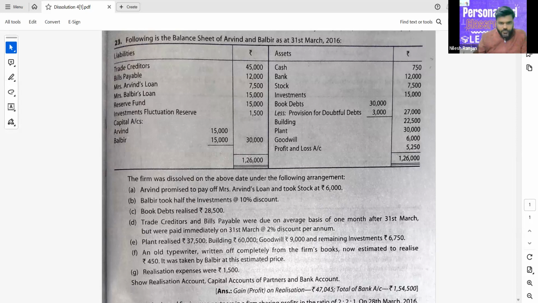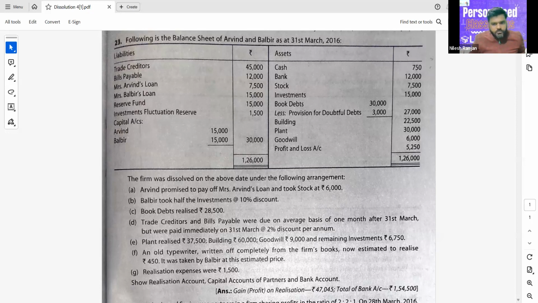On the credit side, I wrote by trade creditors 45,000, by bills payable 12,000, by Mrs. Arvind's loan account 7,500, by Mrs. Balbir's loan 15,000, by provision for doubtful debts 3,000, and then by cash account: investments 6,750, book debts 28,500.